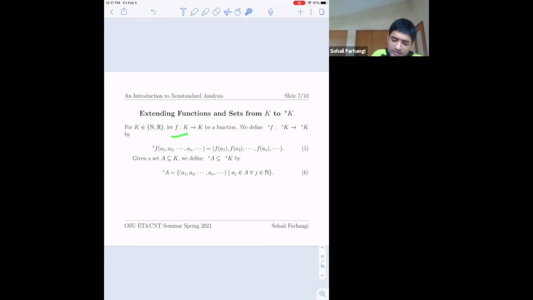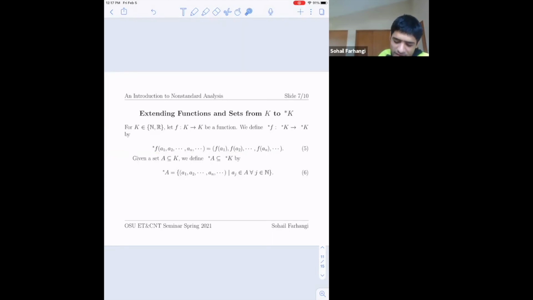The way that we extend the function is, well, first we denote it by putting a star behind the function. And then you just do the obvious thing. You apply the function to the tuple by just applying it to each of the elements, as we already did when we took inverses at the very beginning. And we do something very similar for sets. And we care about this because we're going to ultimately apply it to Ramsey theory, right?